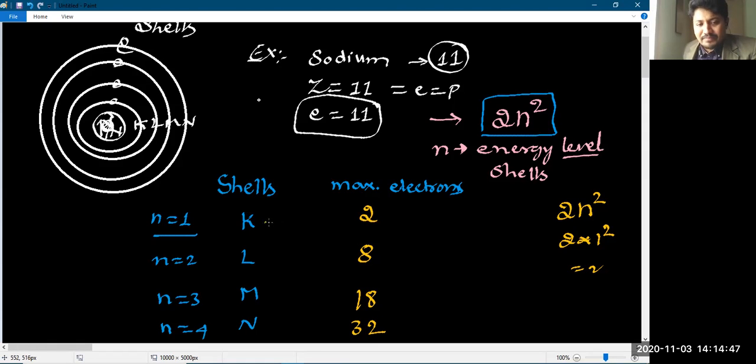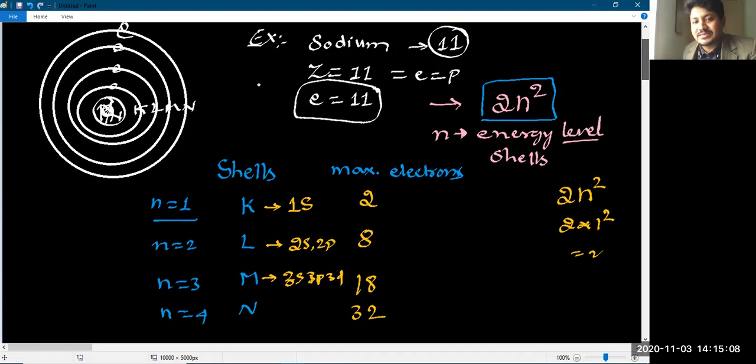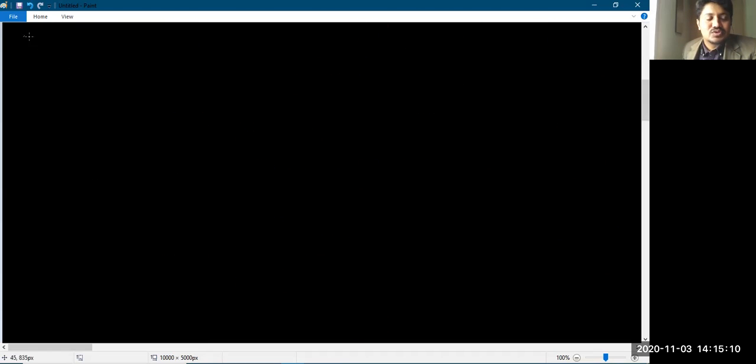You should remember that the first energy level K contains subshells also. The subshell of K is 1s, the subshells of L are 2s and 2p, and the subshells of M are 3s, 3p, 3d. I would like to draw that here. Let us go with the electronic configuration diagram.